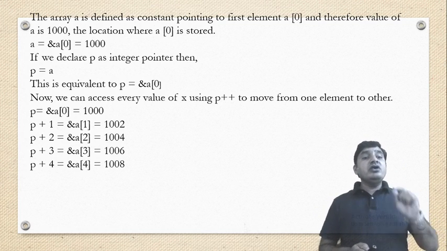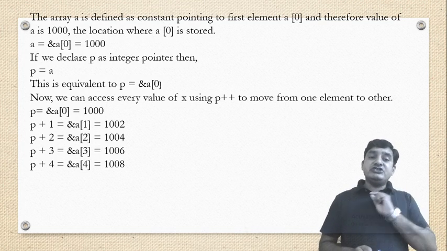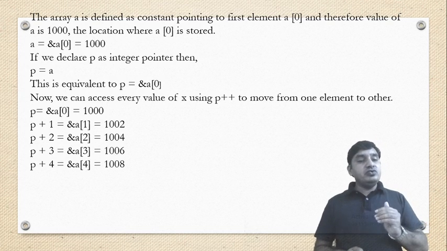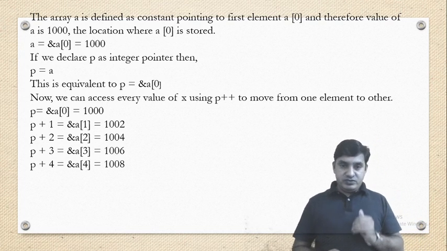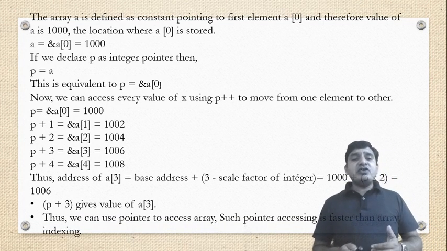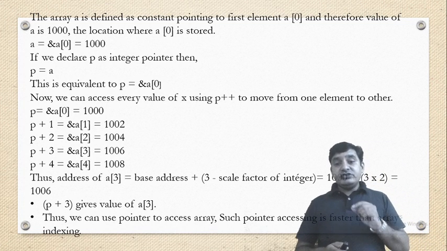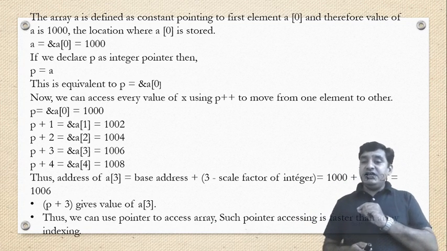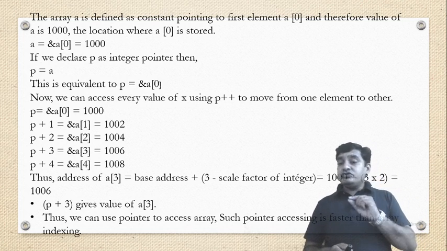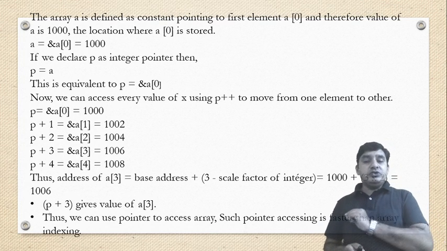p is equal to the address of the first element a[0], 1000, and it is incremented by 1, 2, 3. Thus, the address of a[3] is equal to the base address plus 3 times the scale factor of integer. So the base address 1000 plus 3 into 2.